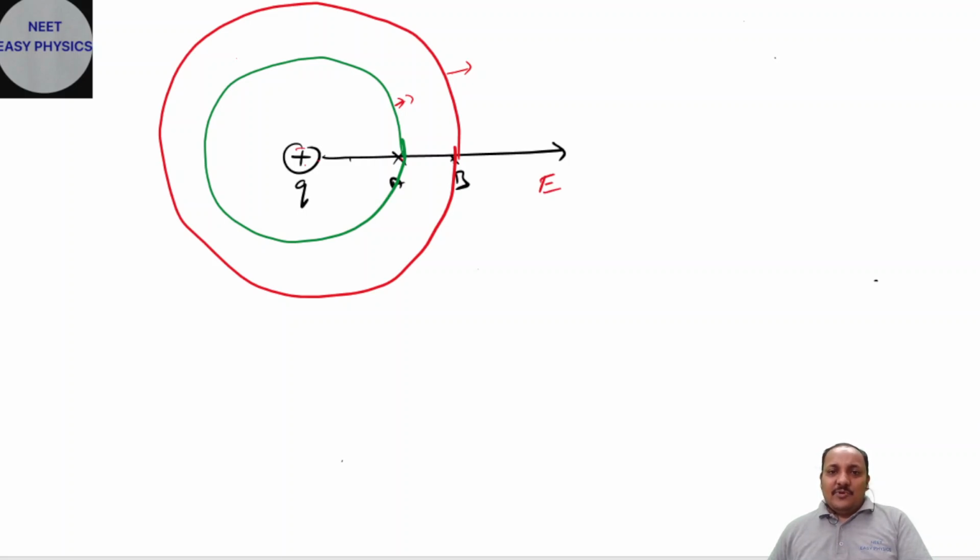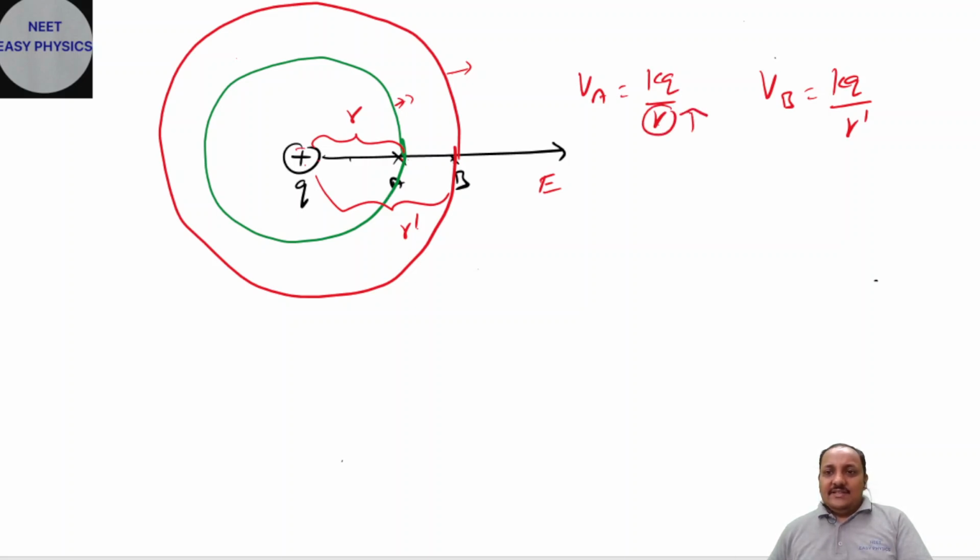Now we are taking two points. One is R, another one is R dash. Potential at A, Kq by R. Potential at B, Kq by R dash. Where is the potential going to be more, at A or at B, because of this positive charge? If distance increases, the potential value is going to decrease.